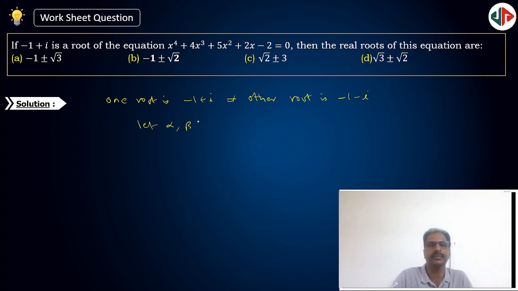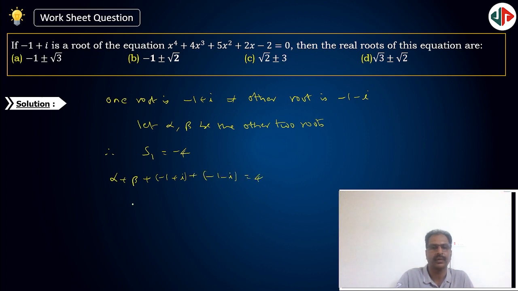Let alpha, beta be the other two roots. Therefore, what is S1? Minus 4. S1 is nothing but the sum of all the roots. From this you get alpha plus beta is equal to 6.